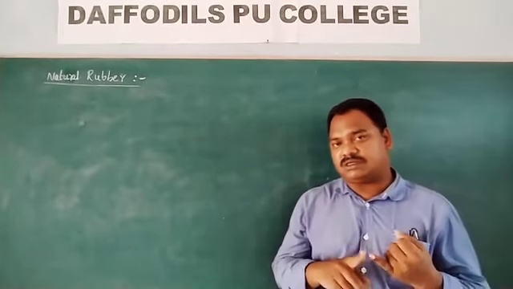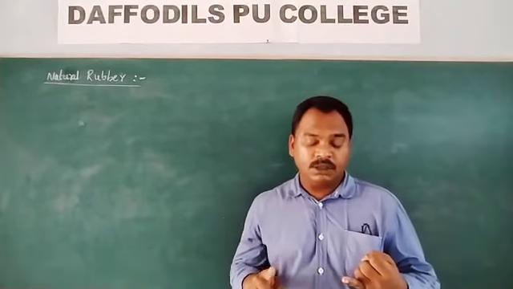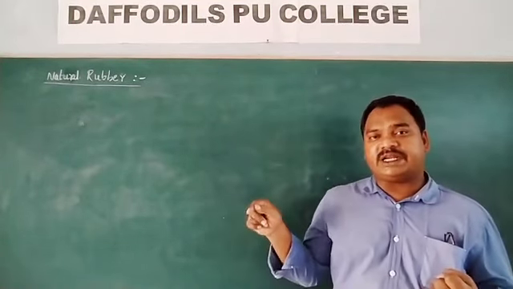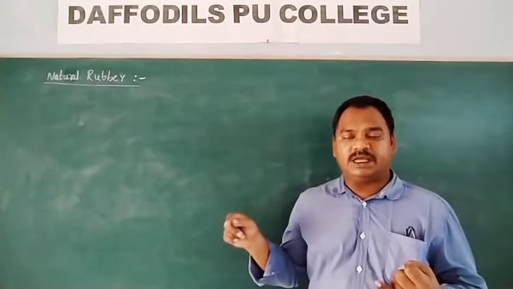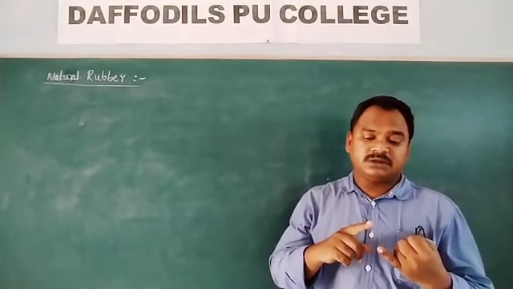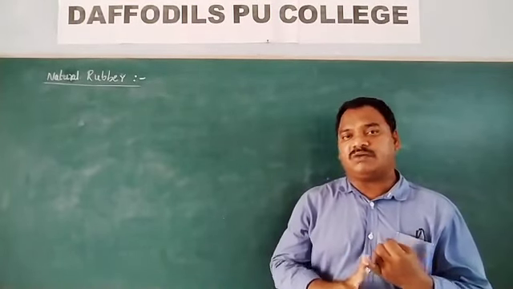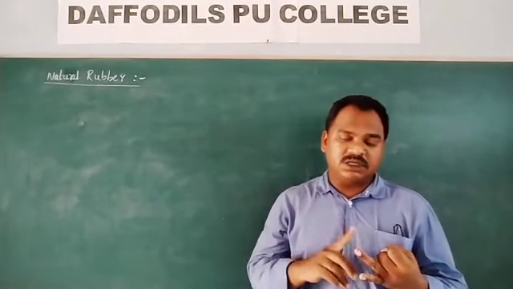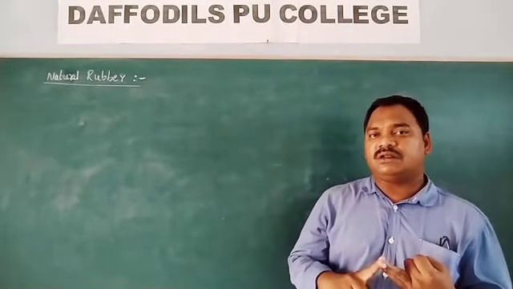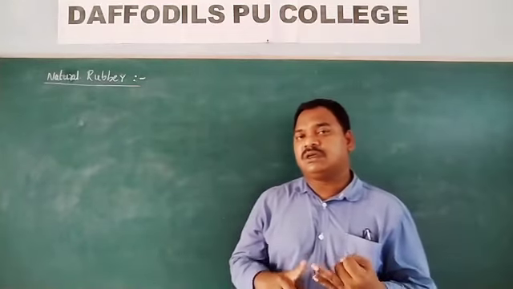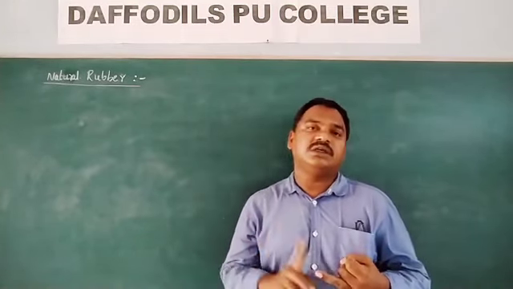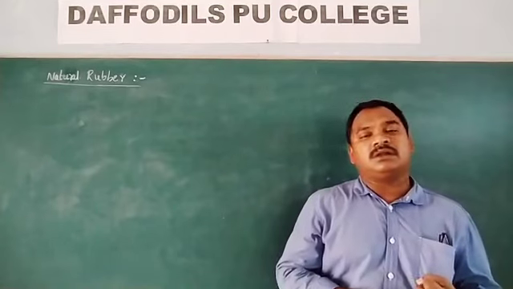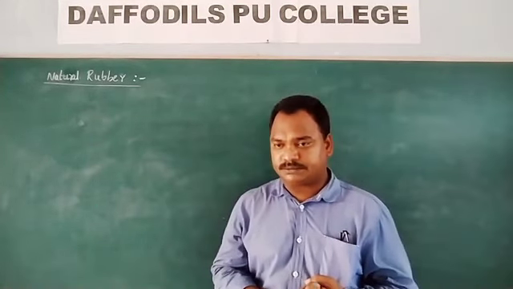What are those bad qualities? The rubber which is extracted from the natural sources absorbs more amount of water, so it is a good absorber of water. It easily involves in chemical reactions.